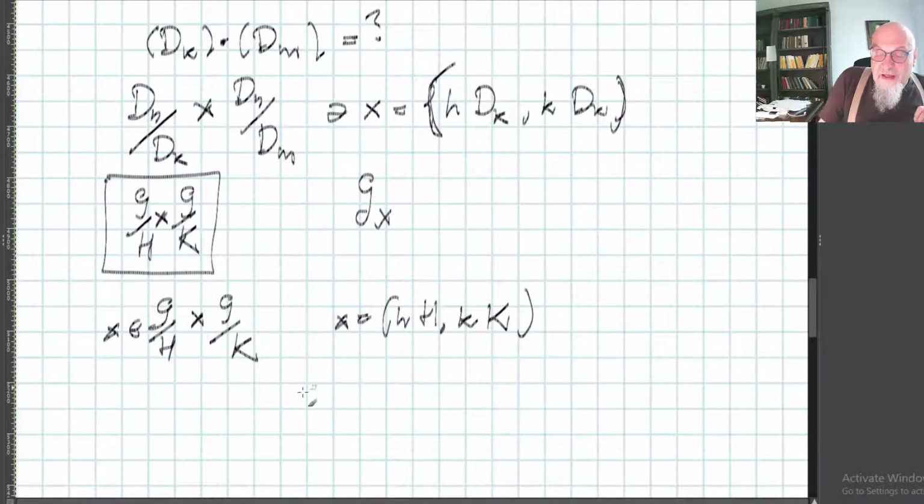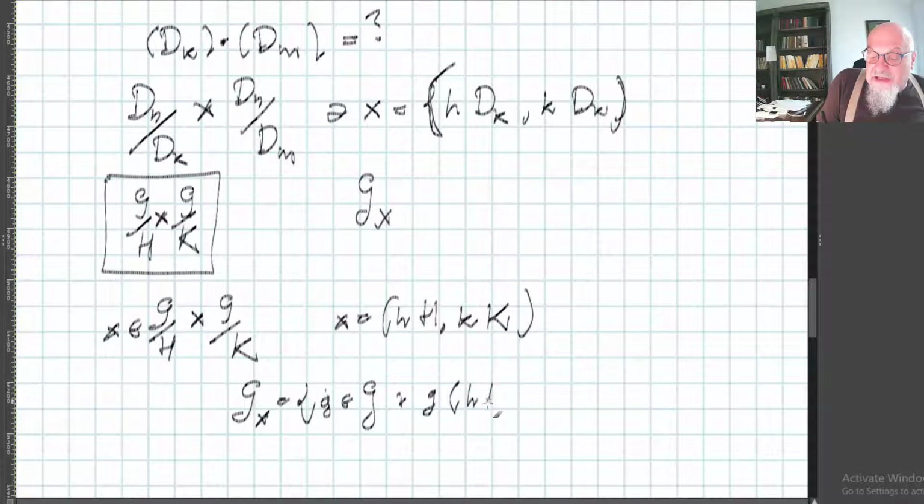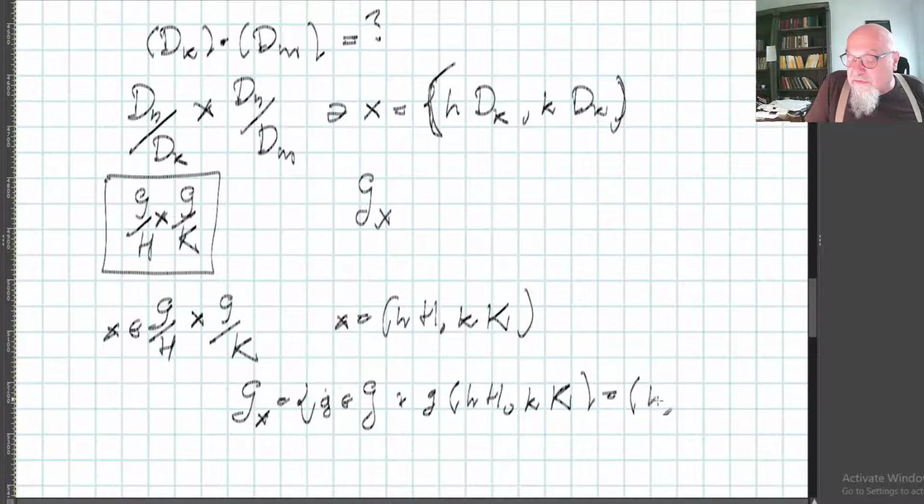So what do I get here? I'm getting that G_x is equal to the set of all g belonging to G such that g applied on (hH, kK) must be the same pair of cosets. So this is hH, and that one is kK.